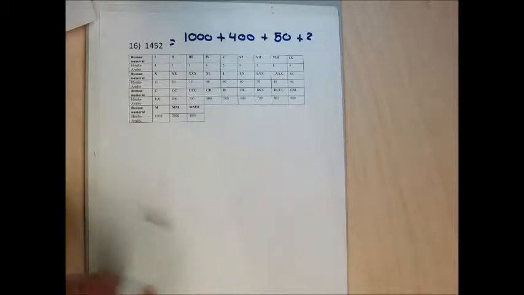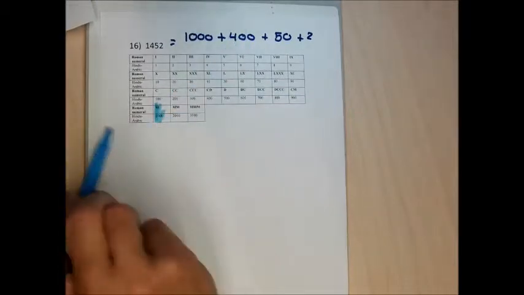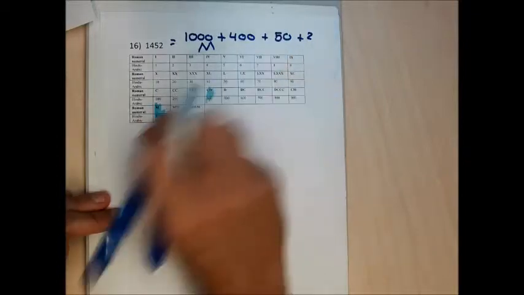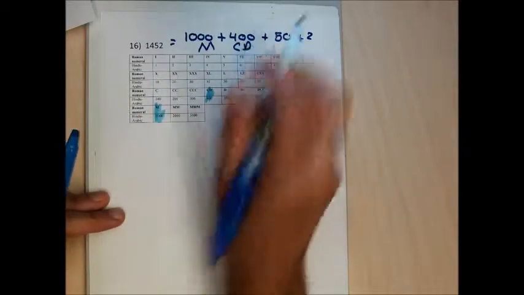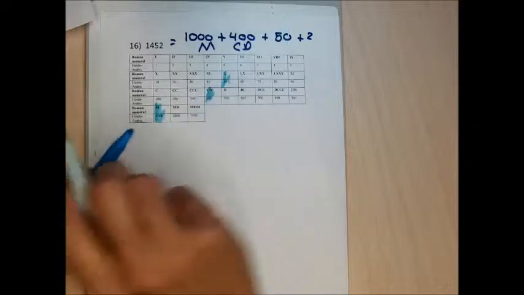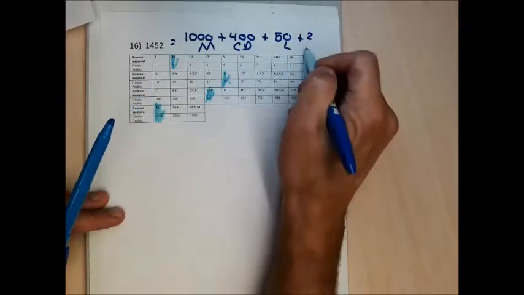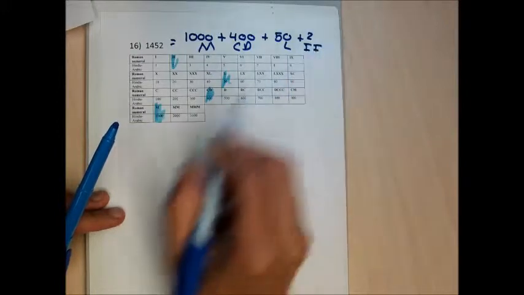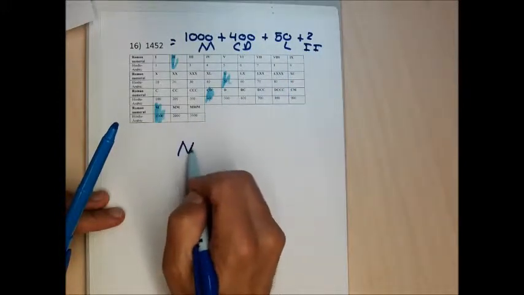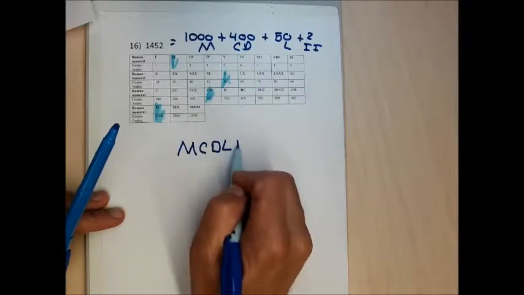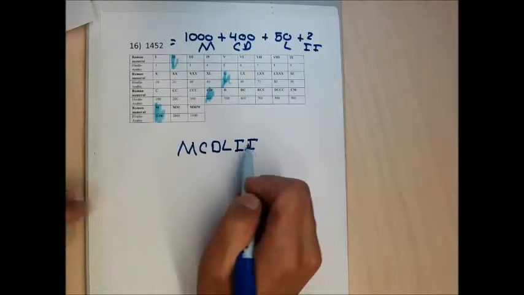So now I go for each one of these. 1,000 is an M. 400 is a CD. 50 is an L, and 2 is a double I. The answer to problem 16, the Roman numeral representation for 1,452, is M, C, D, L, I, I.